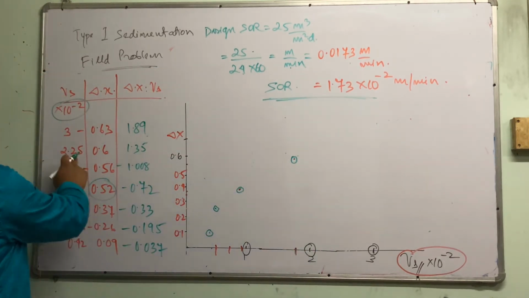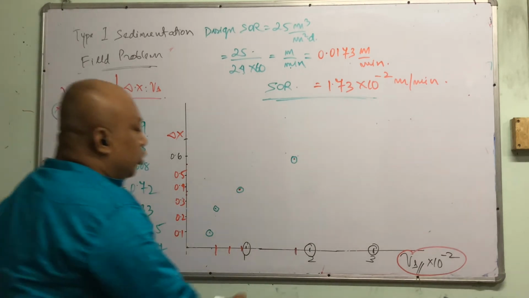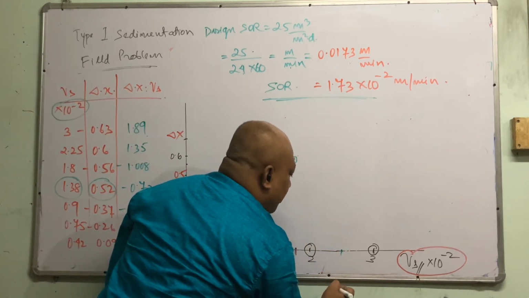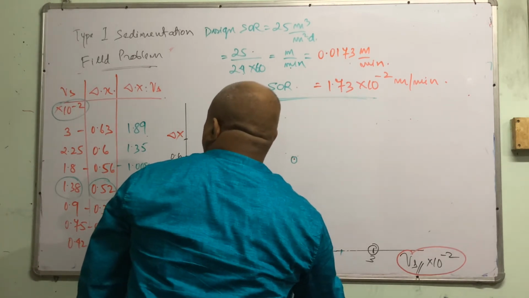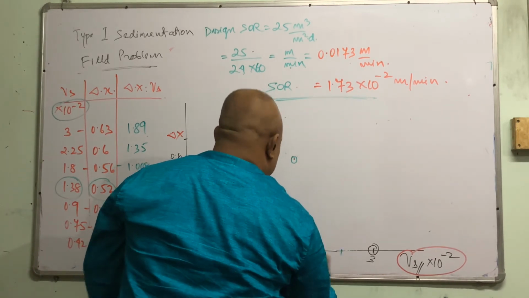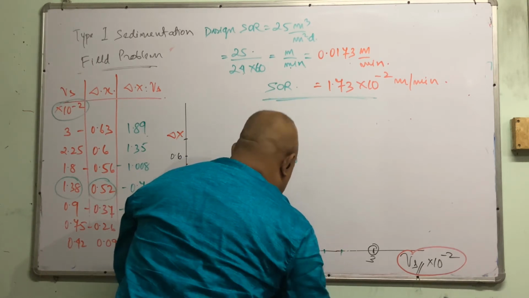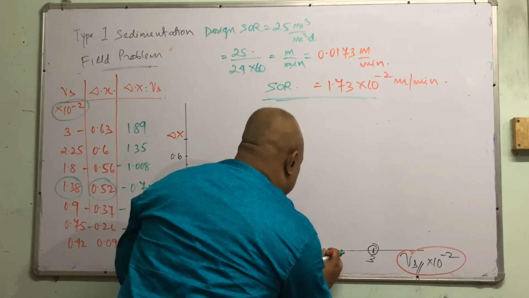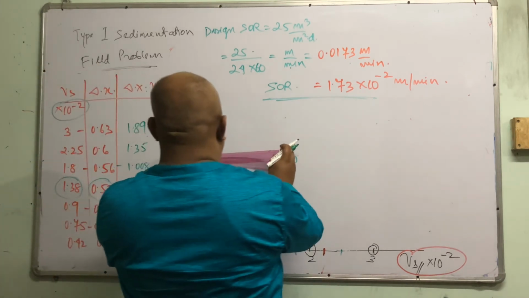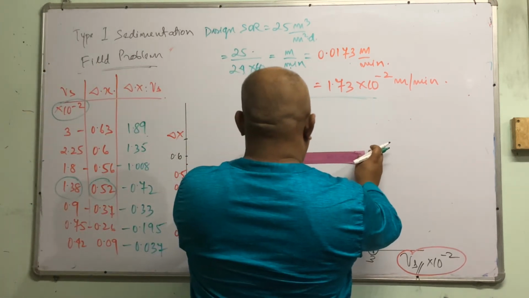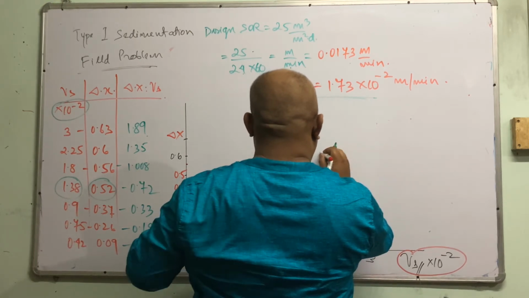Then 2.25, 0.6. 2.25 is the middle one between 2 and 2.5. So this is 2.25 and 0.6. 0.6 means exact, so somewhere around here.